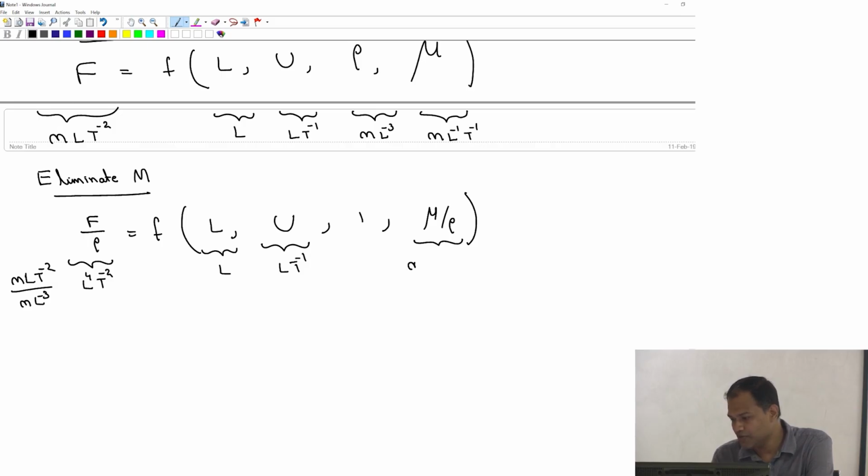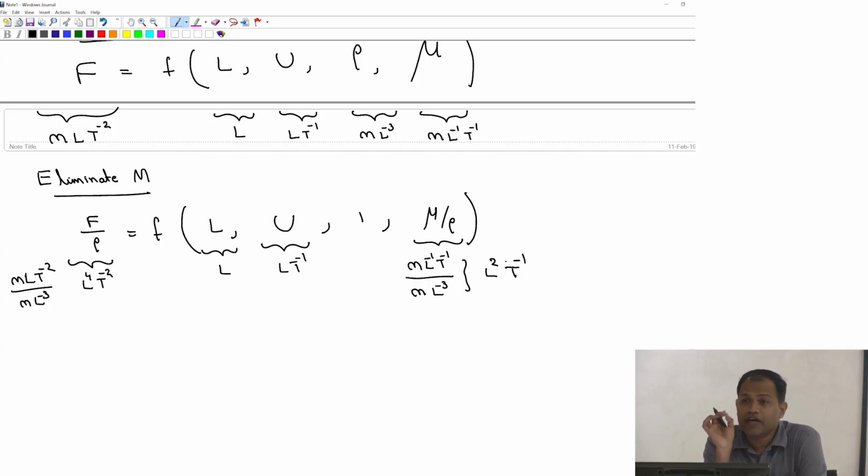Mu by rho: we originally had m, L inverse, t inverse. I divided with m, L to the power minus 3. And therefore, I ended up with L square t to the power minus 1, because there is no m in it.